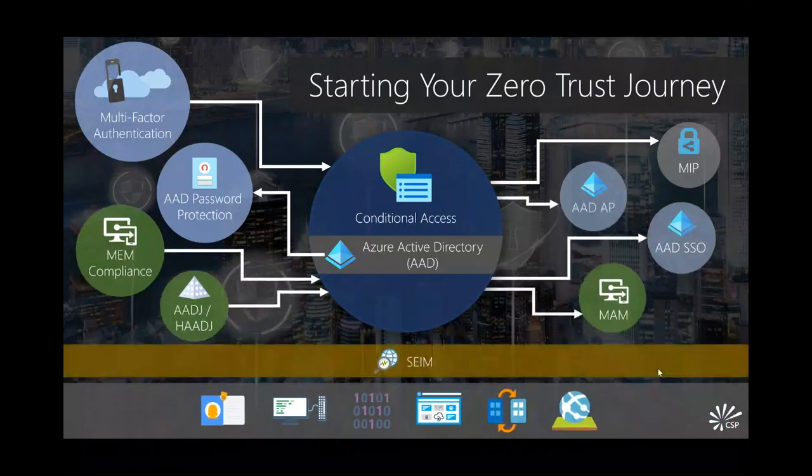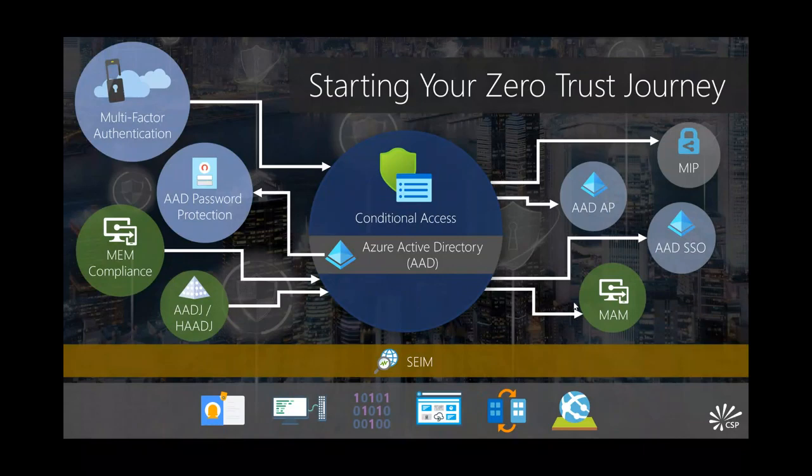So the last components in the controls we're going to cover are network and infrastructure. I put these two together because they're kind of lumped in the same area. With Zero Trust, we're mostly focusing on M365 services, but there are pieces in network infrastructure that you can focus on. And really the main piece is a SIEM, or Microsoft's Azure Sentinel product.